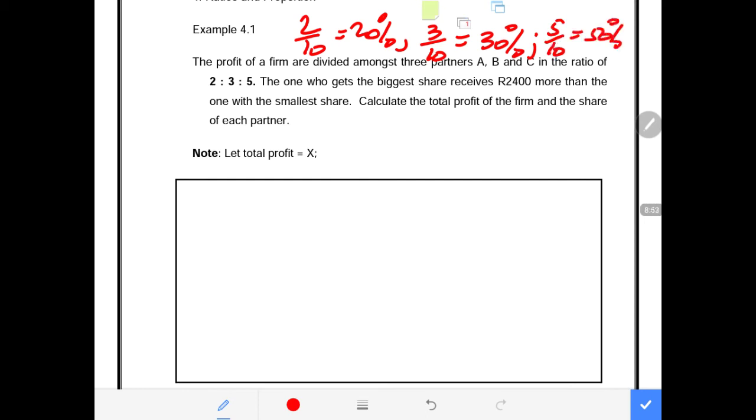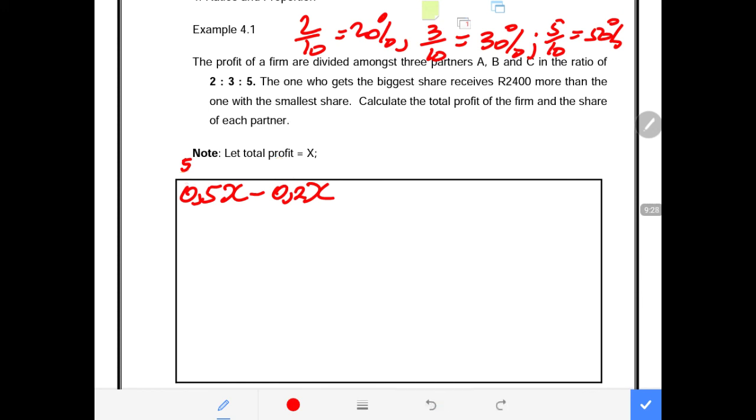That means we can express this in decimal or using percentage and say the share of C, which is 0.5, 50%, 0.5x, remember x indicating the profit in this case, minus 0.2, which is the share of A. Remember this 0.5 is 5/10, and this 0.2 is 2/10, and we multiply by x, which is the profit.